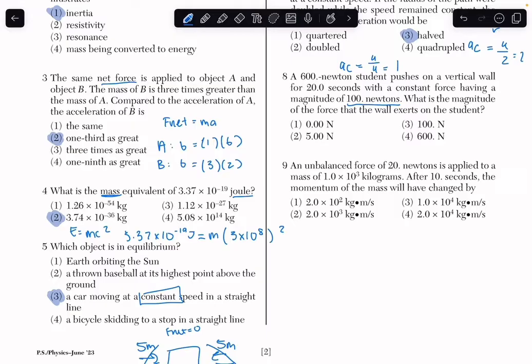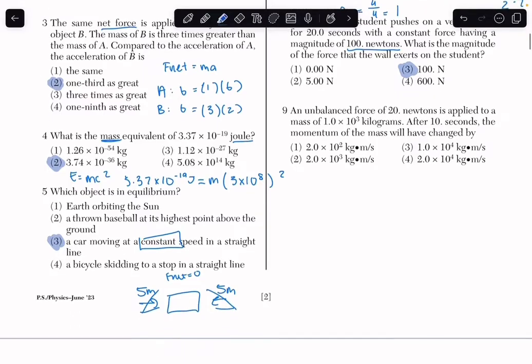Whenever you push something, it's going to push back, okay? So if I'm exerting a force of 100 newtons onto this wall, the wall is going to exert back a force of 100 newtons on me, okay? For example, if I hit a ball with a baseball bat and exert 100 newtons onto the ball, the ball is going to exert 100 newtons onto the bat, okay?